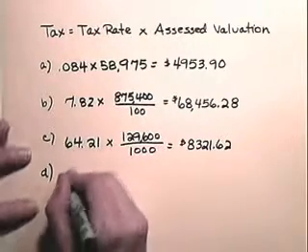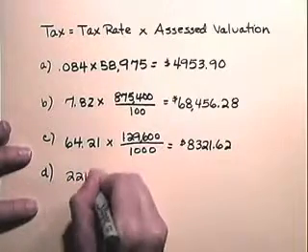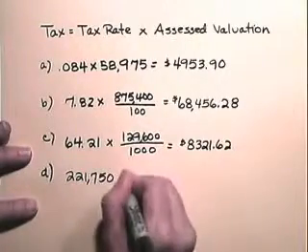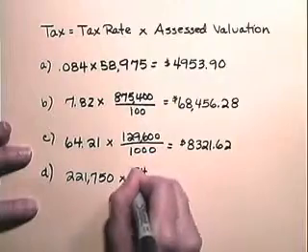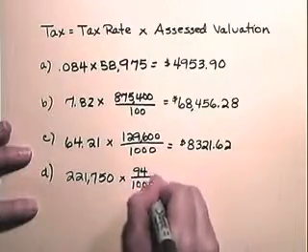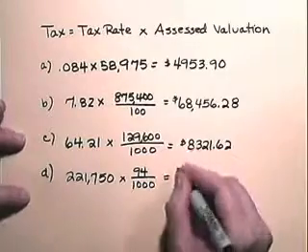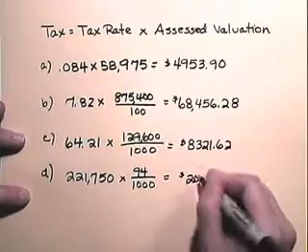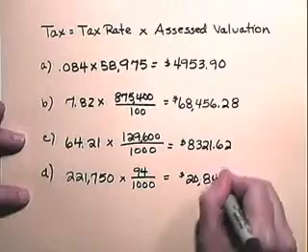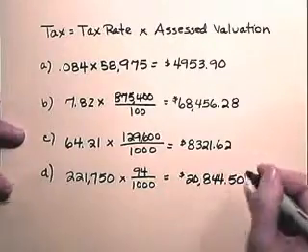So we'll have $221,750 times 94 thousandths, which gives us a tax of $20,844.50.